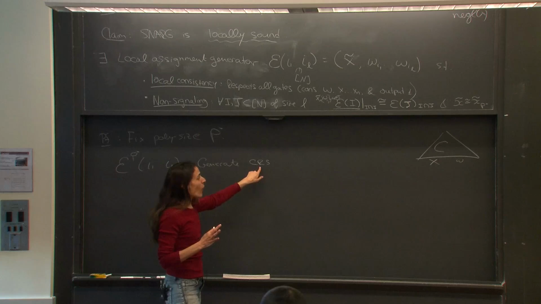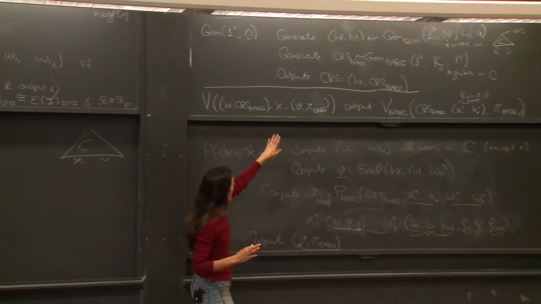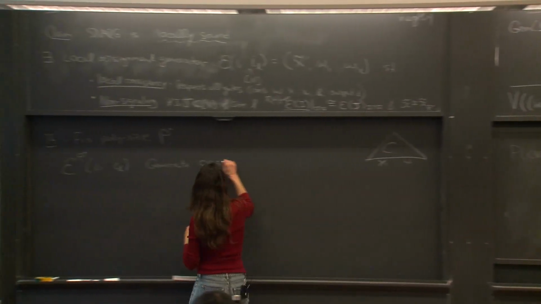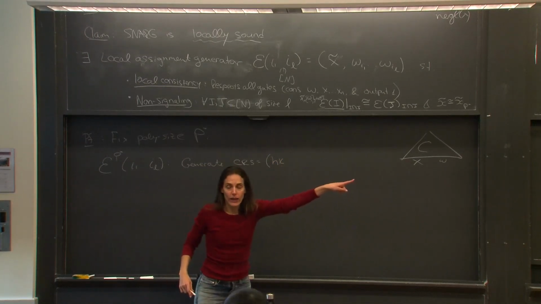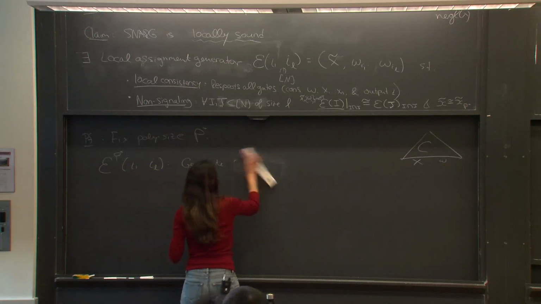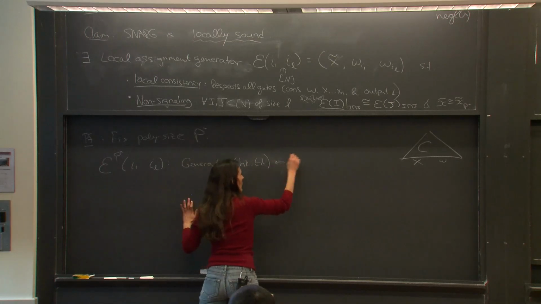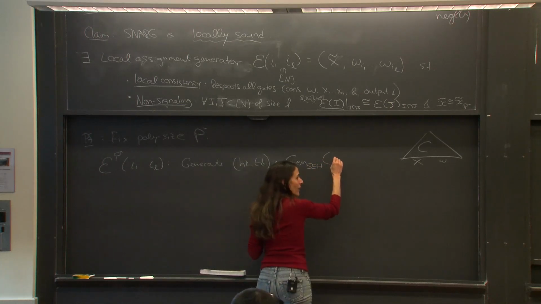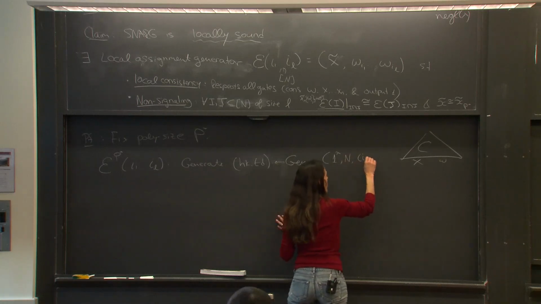So how does he generate the CRS? The CRS is going to be a CRS for the BARG and a hash key. He's going to first generate a hash key and trapdoor by running Gen of the somewhere extractable hash with 1 to the lambda, the number of wires in the circuit, and I1 up to IL.